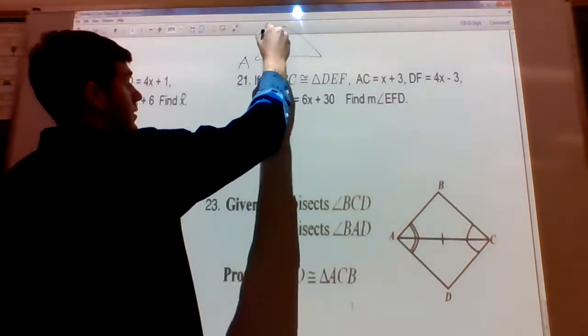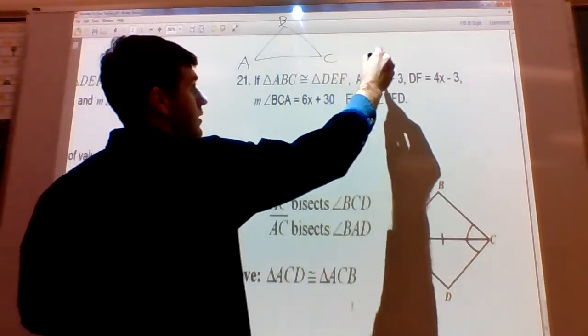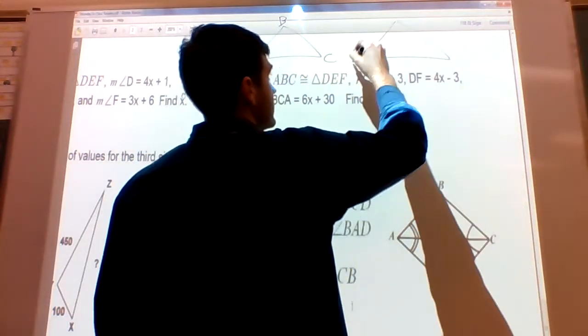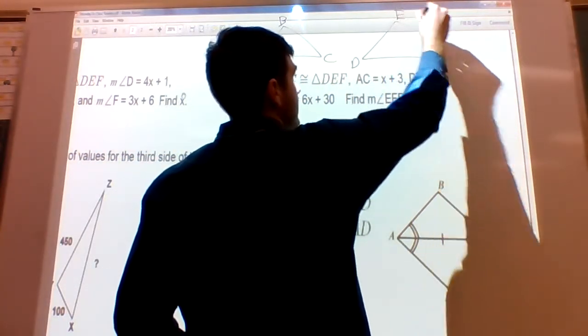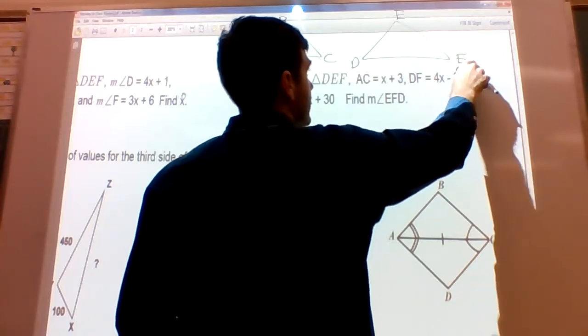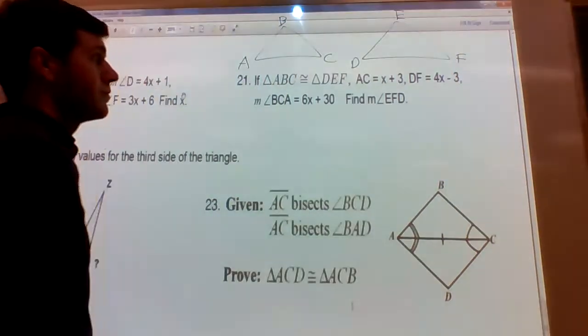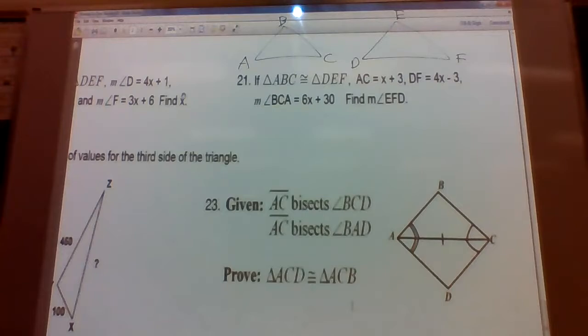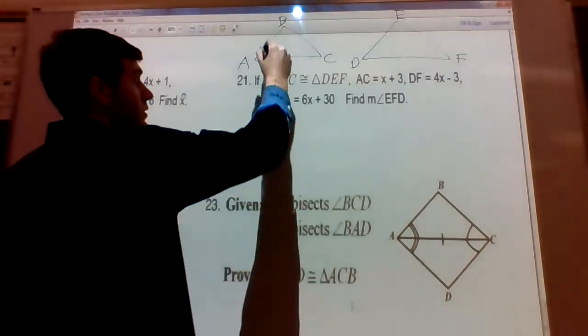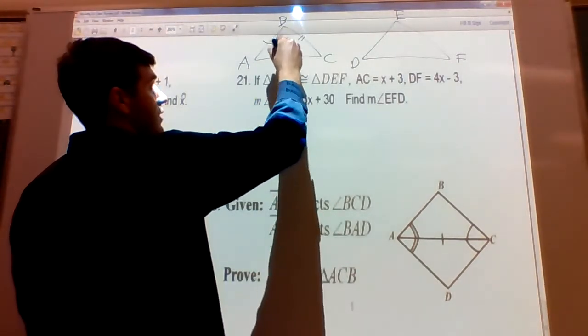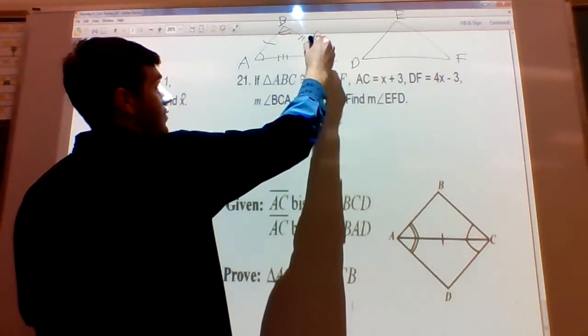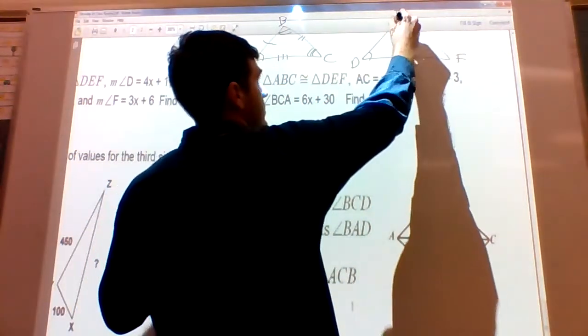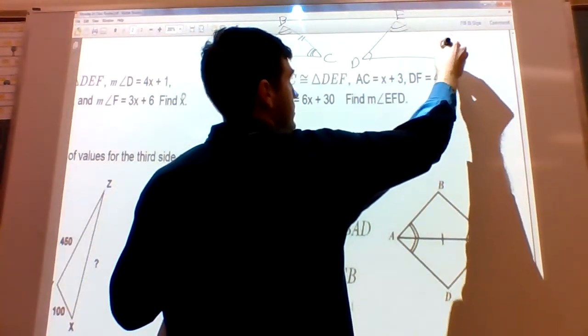Triangle A, B, C, and triangle D, E, F. So just like the last one, they're congruent, so we can put all of our marks in to symbolize congruence.